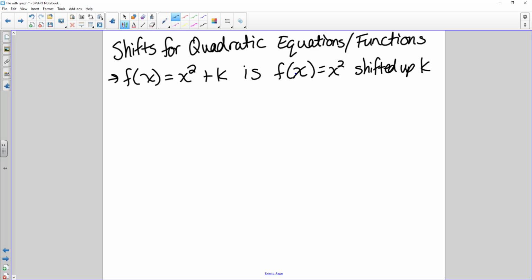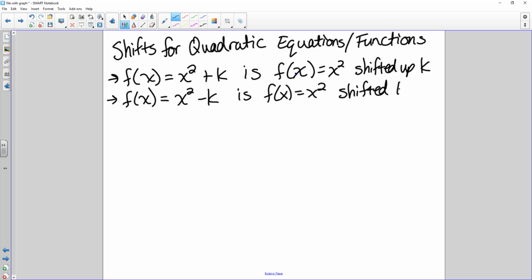It moved the whole graph up. The next one is that if I have f of x equals x squared minus k, this is f of x equals x squared shifted down k. So if it's subtraction on the outside, I'm going to shift the whole graph down.